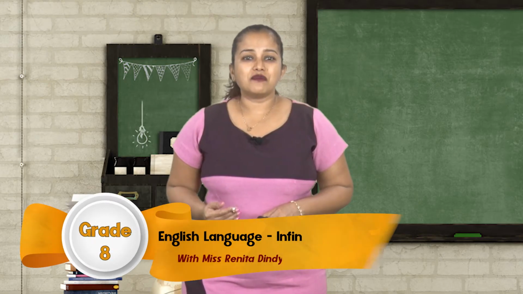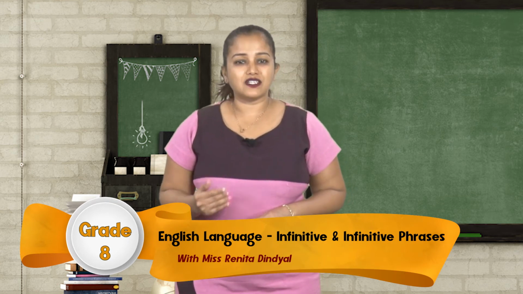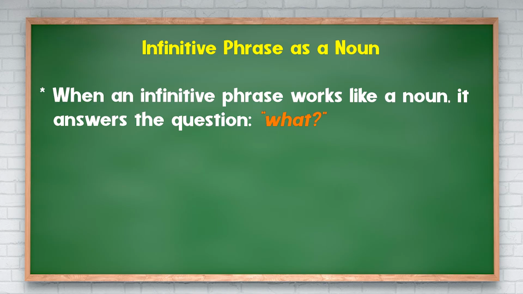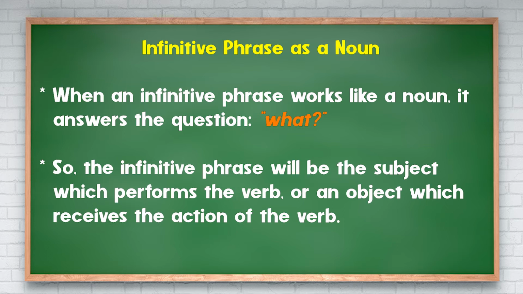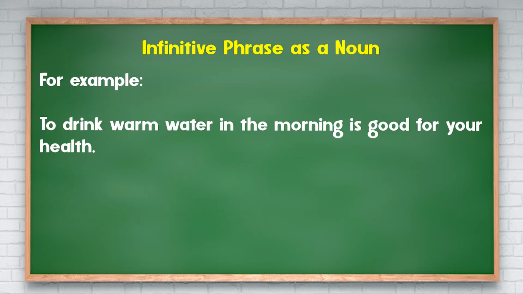Let us examine the infinitive phrase as a noun. When an infinitive phrase works like a noun, it answers the question, what? So the infinitive phrase will be the subject which performs the verb or an object which receives the action of the verb.